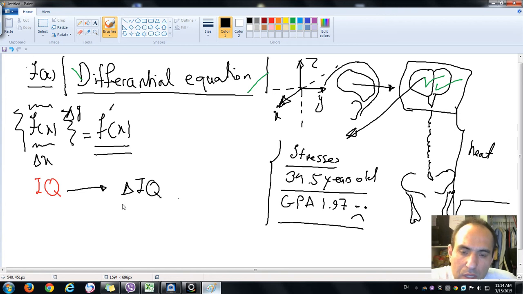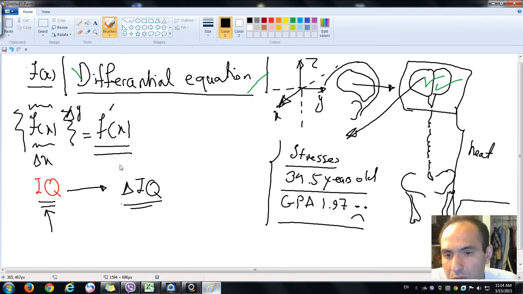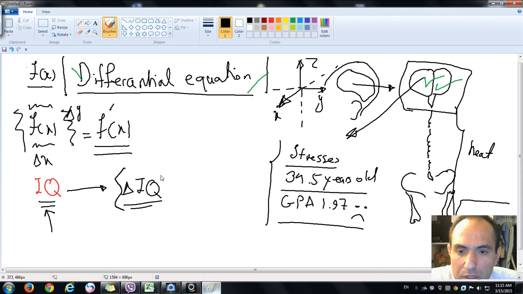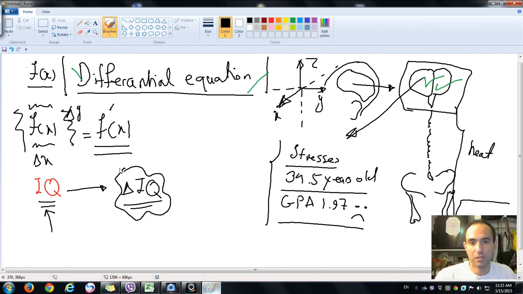The delta of IQ is much more important than IQ. You will reach some IQ, but the change in delta IQ is really important. That brings the, when an apple falls, I mean, an apple falls, but why does it fall, you know?